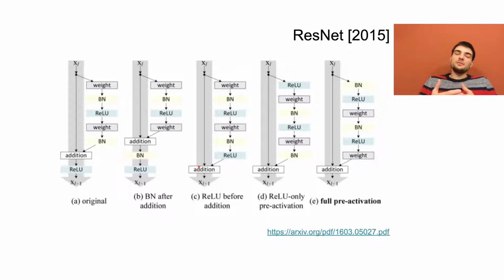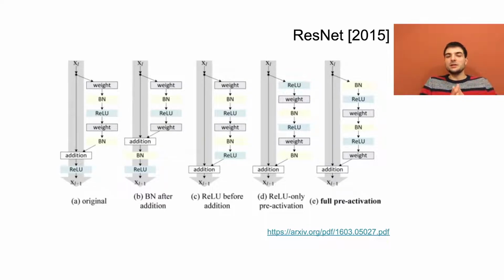And they experimented with this architecture a lot. So they tried to add batch norm after the addition, batch norm ReLU, or add it within this transformation. In here we have only addition, or they change the order to put ReLU, for example, at the beginning. So there were a lot of different ways to construct this network.